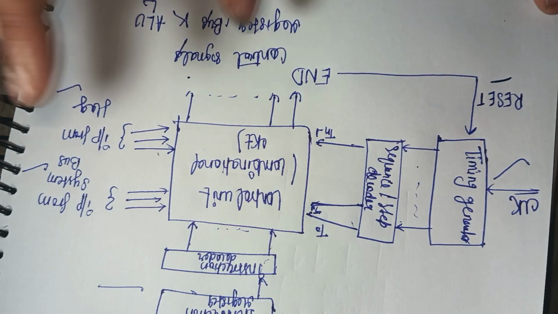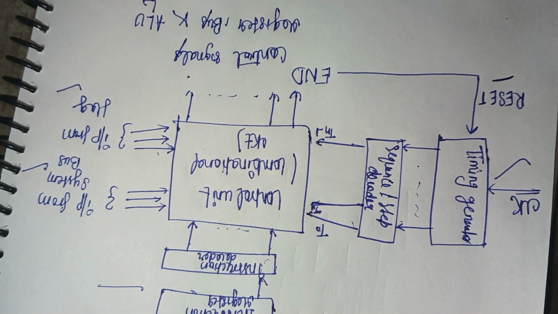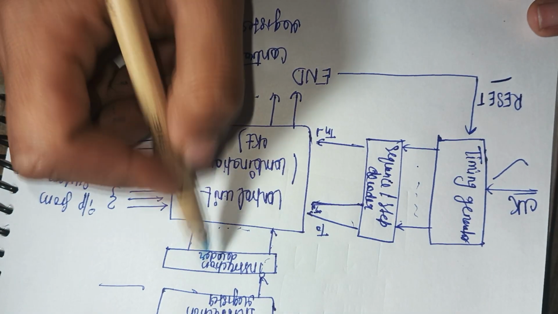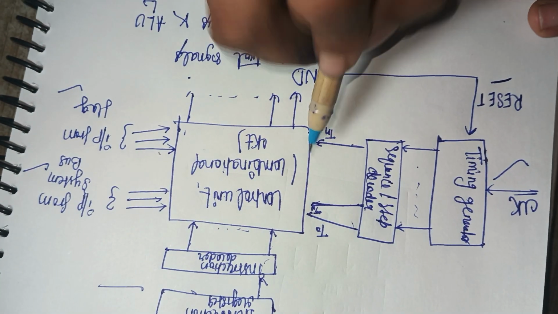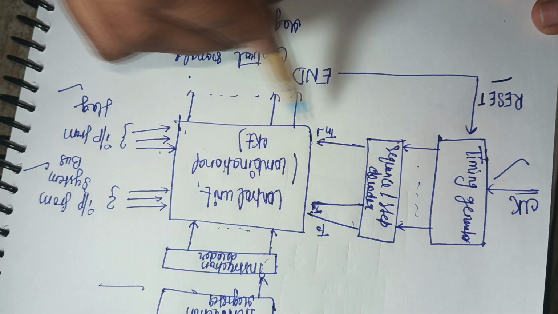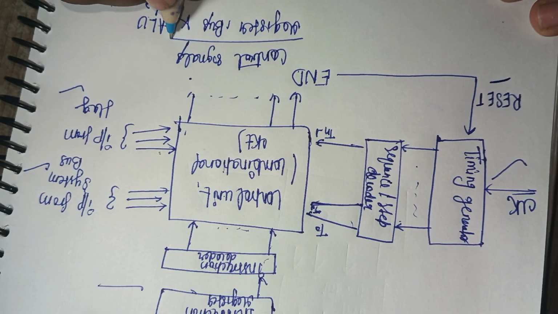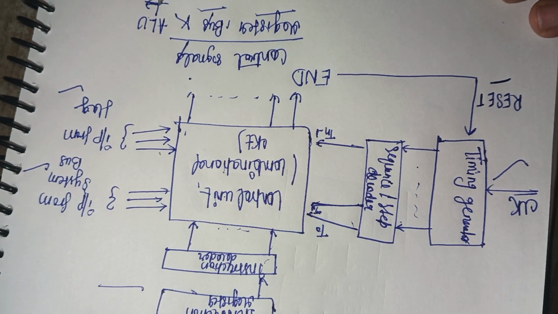Overall, this is the summary of the block diagram of the hardwired control unit. It takes input from the instruction register, from the system bus, from the flag, and from the clock. Combining these, it generates the control signals which go to the register, bus, and ALUs.